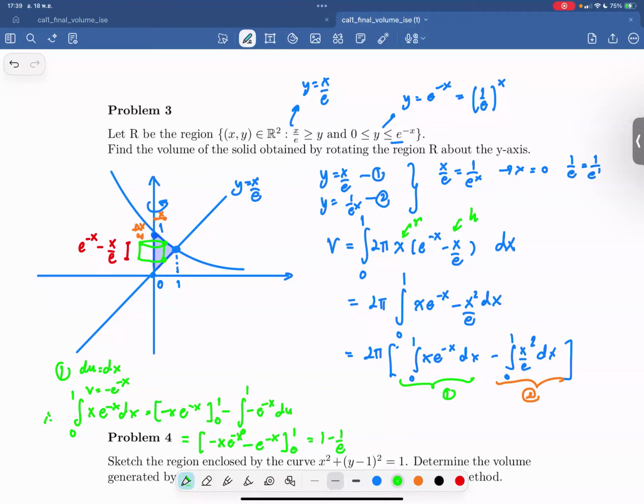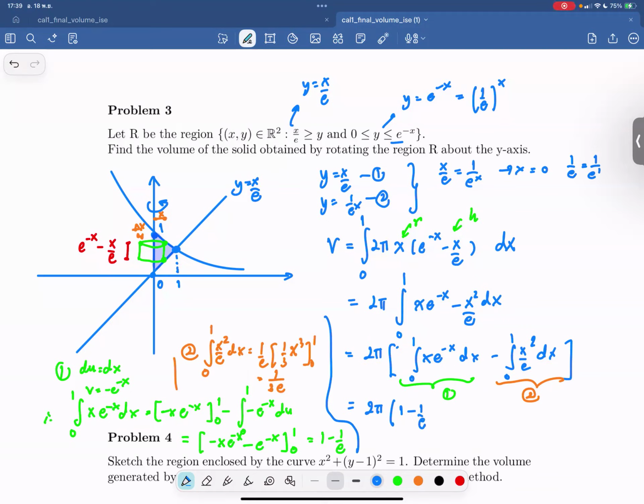So the second integral is just 1 over e times 1 over 3 x cubed, which is 1 over 3e. So we combine the orange and the green one to be our answer, and we get 1 minus 1 over e, right?